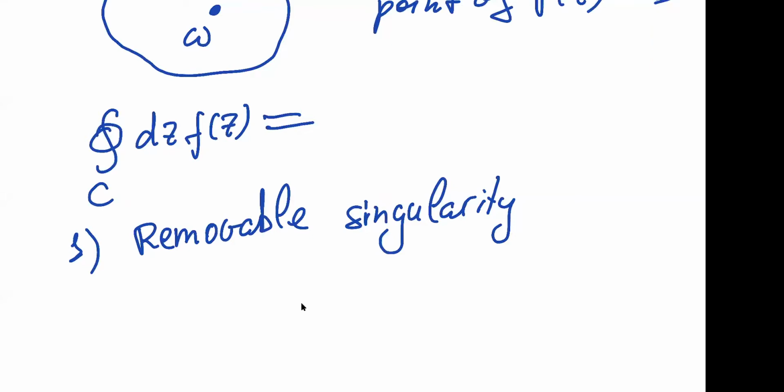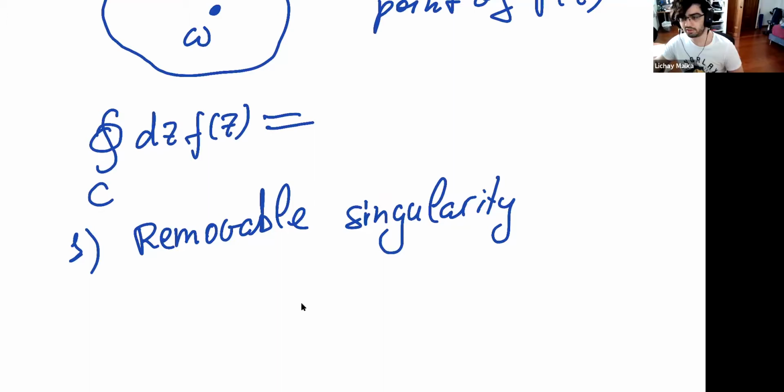Maybe split the integrals? We can ignore it because it's one point, right? So say it again. We can ignore that type of singularity because it's one point.